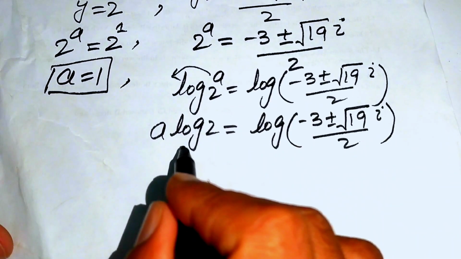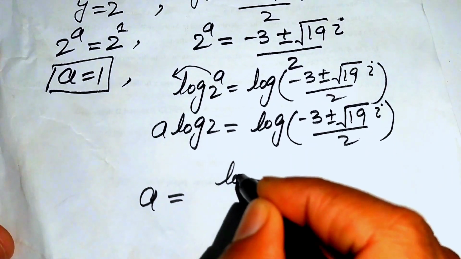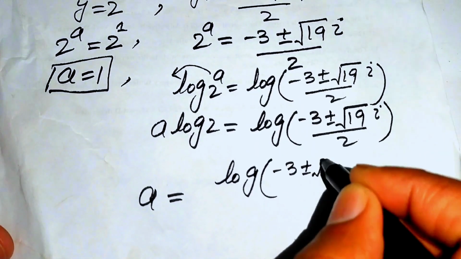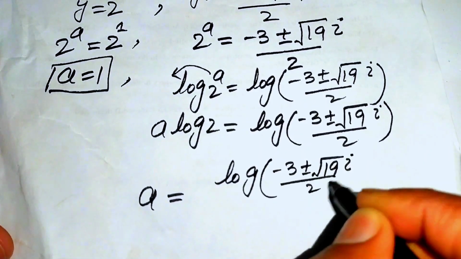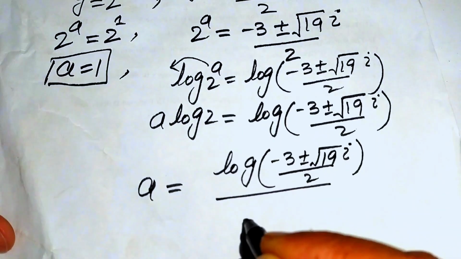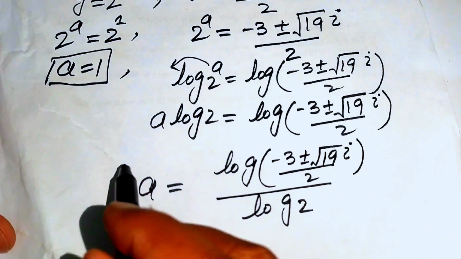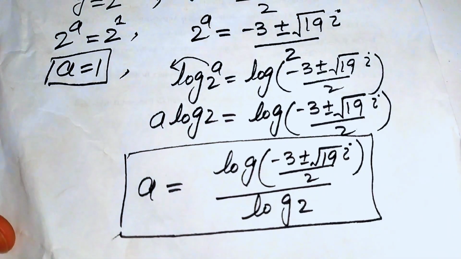So here we divide log 2 on both of the sides, and we get a equals log of minus 3 plus minus square root of 19 iota divided by 2, and this whole term is divided by log 2. So this is the other value of a, and this is the final answer.